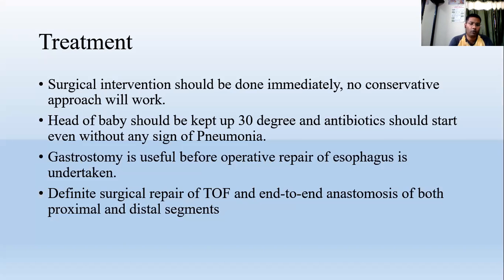Gastrostomy is useful before operative repair of the esophagus. It is nothing but opening the stomach and inserting a tube, so that you can start feeding the baby and wait for the later definitive repair, the anastomosis of both parts of the esophagus for the atresia.